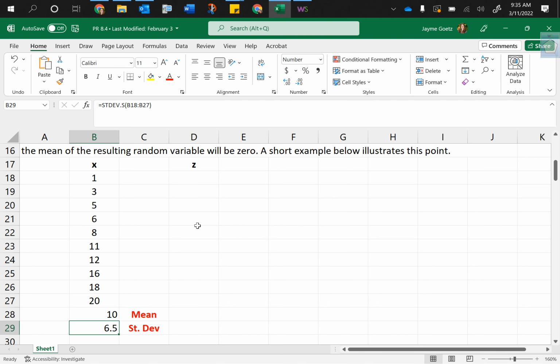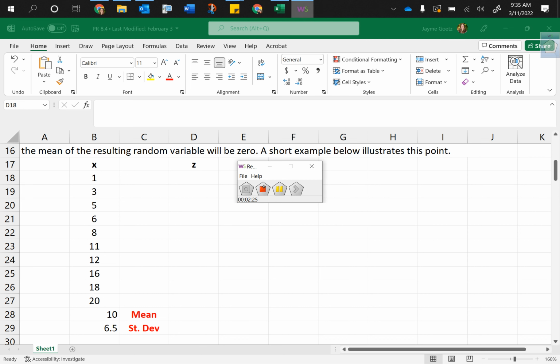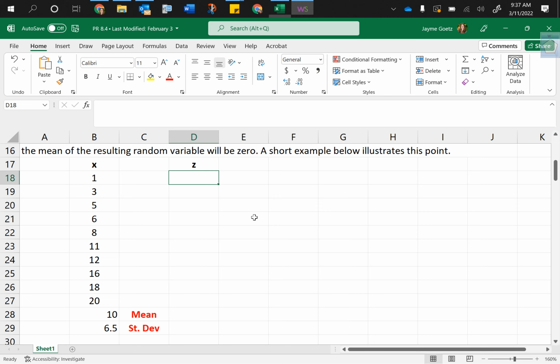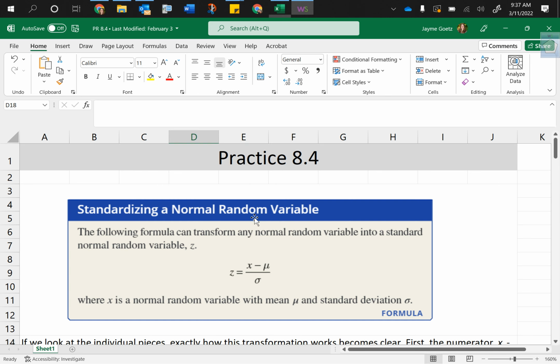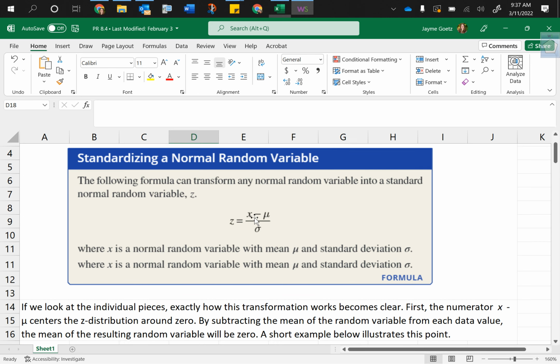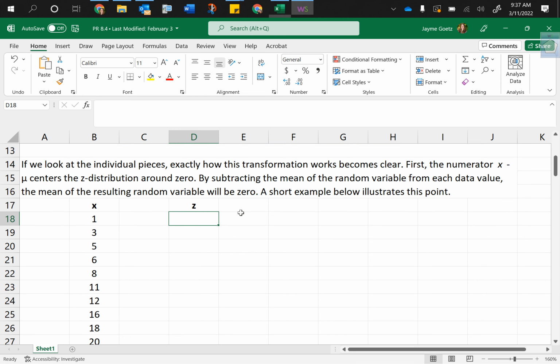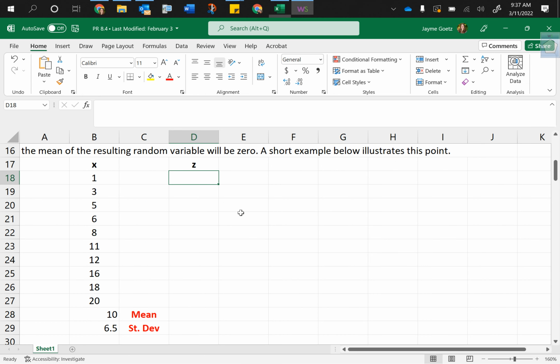Now what we're going to do over here is we're going to find the corresponding z-value for every one of these data values. So to find the z-value, we're just going to use that formula up there. So you're taking the random variable, subtracting the mean, and dividing by the standard deviation. But I don't want to do that every time, so let's create a formula. So we're going to go equals, and what do we have to put around the numerator?